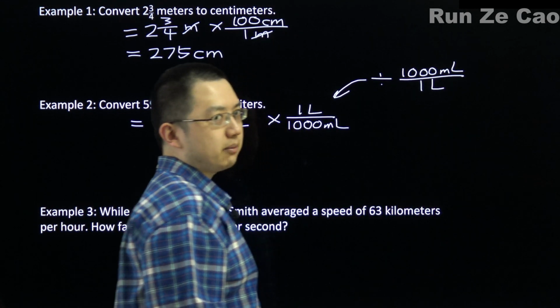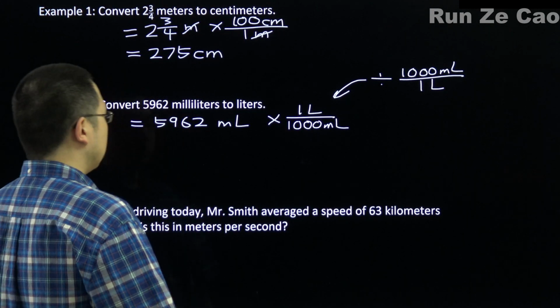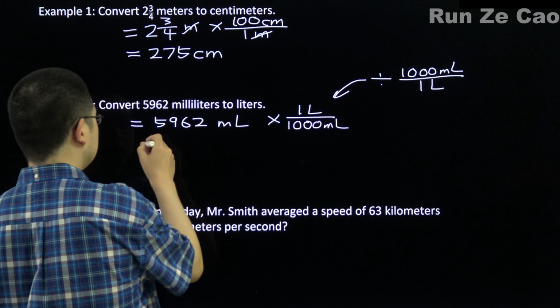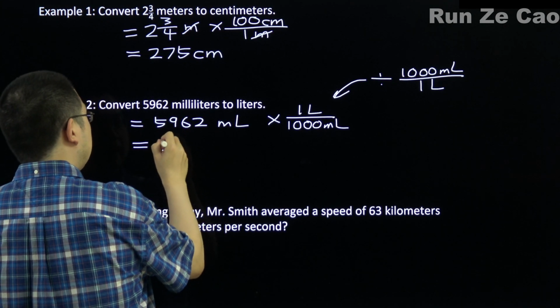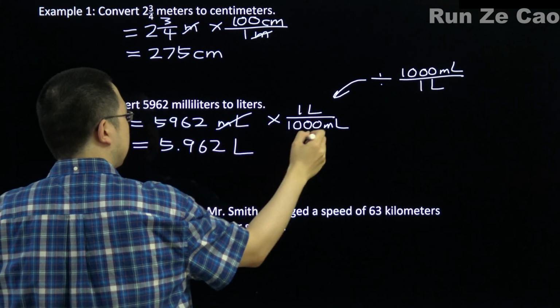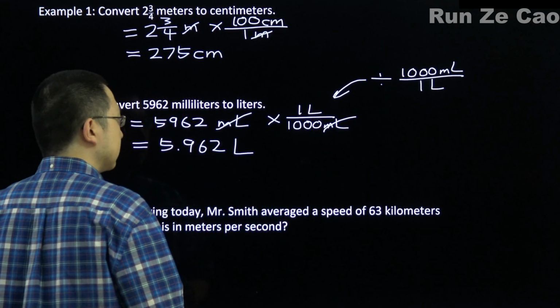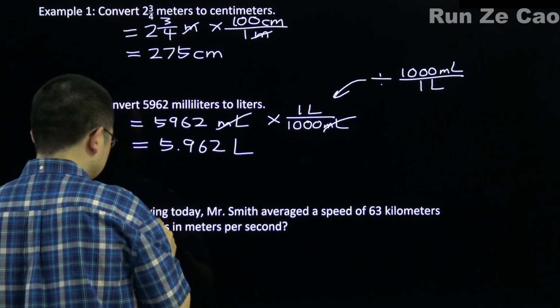And as we know, dividing by a fraction just means multiplying by the reciprocal. So this is going to be 5.962 liters, because the milliliters cancel out. So that means we just divide by 1,000 and then put the unit liters at the end.